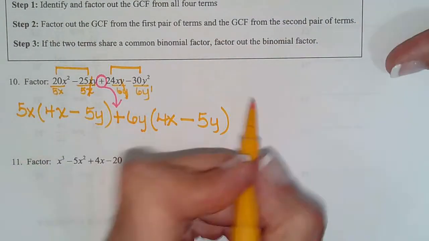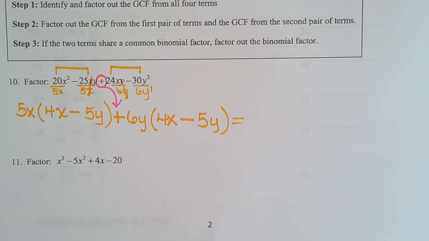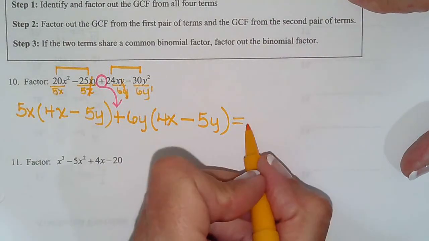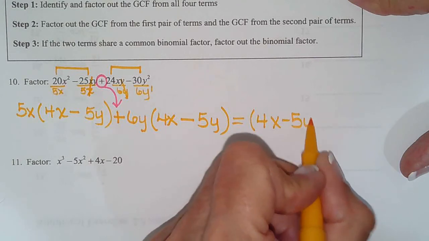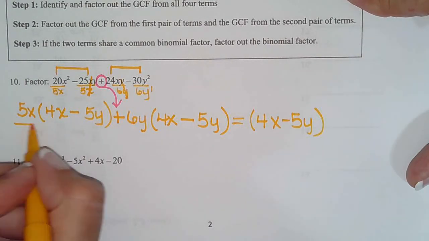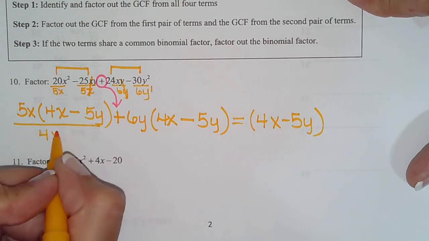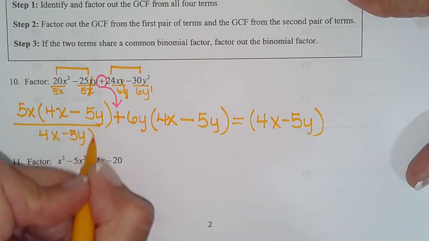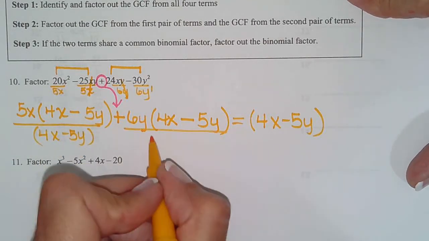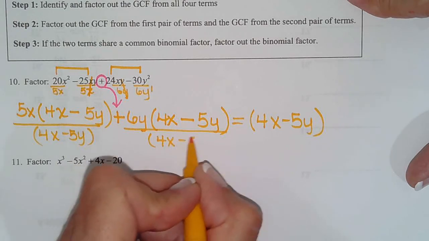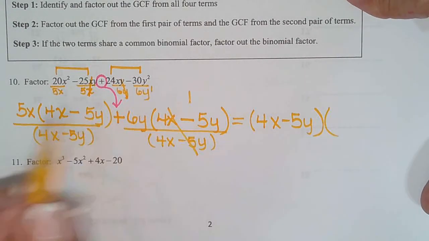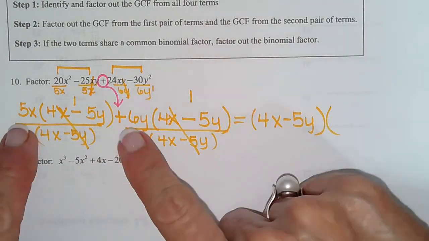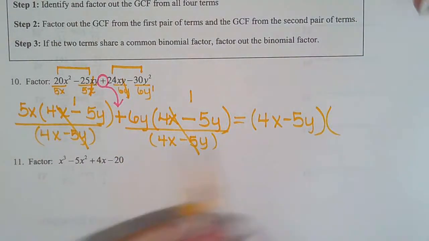So these match. So remember how we did that up above? We took them out as a GCF. So I'm going to take 4x minus 5y out of each term. So divide by 4x minus 5y. And then in the second parenthesis, write what's left. 5x plus 6y.